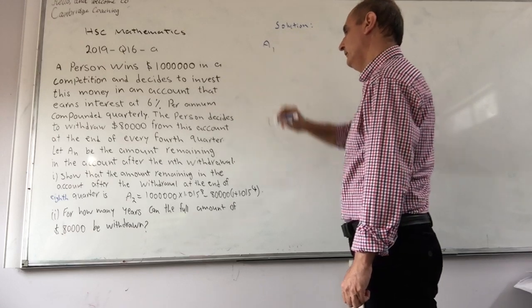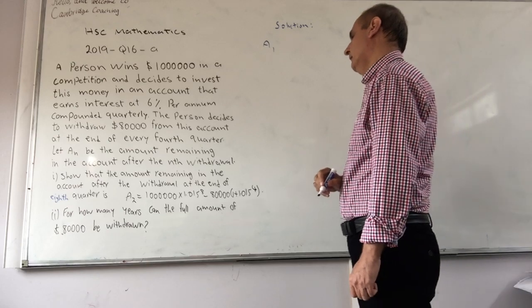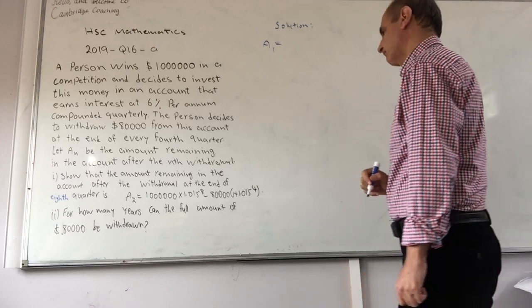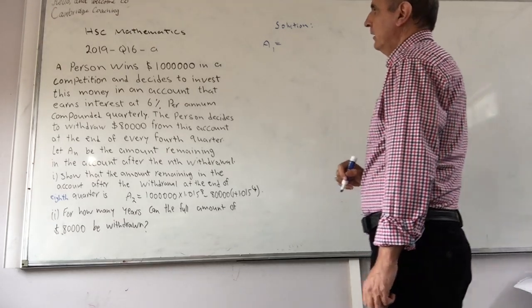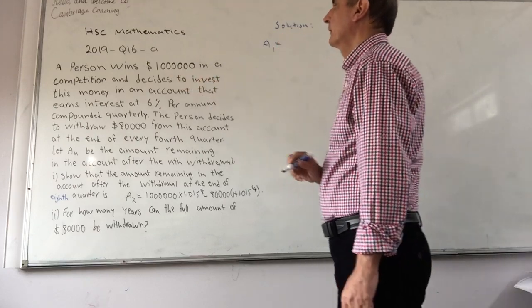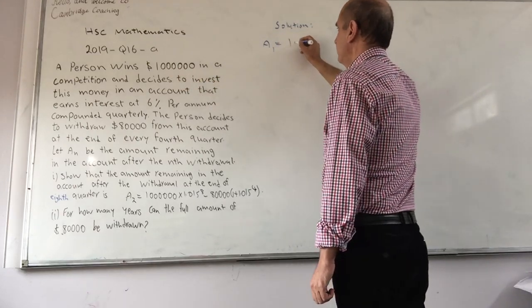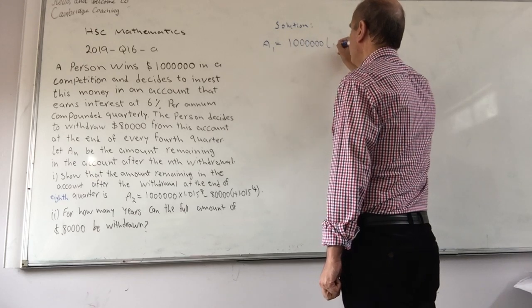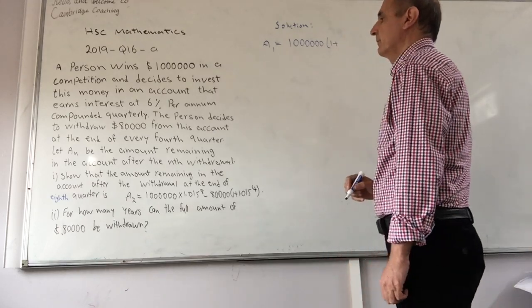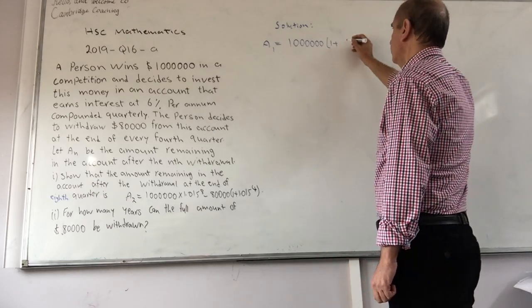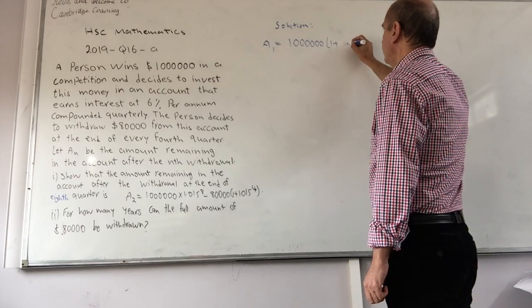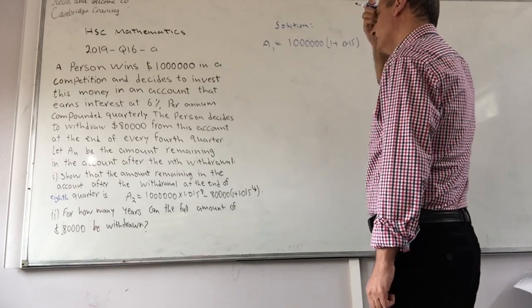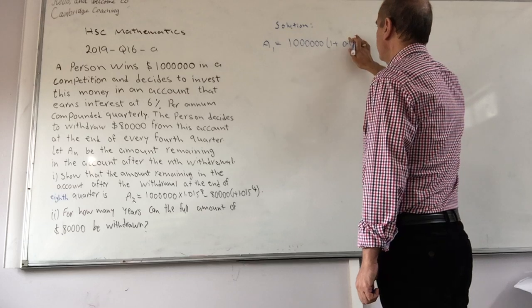So A1 is equal to our original amount which we have invested, $1 million, times by 1 plus 0.015. Why 0.015?